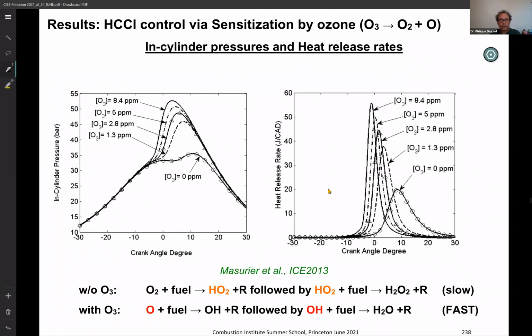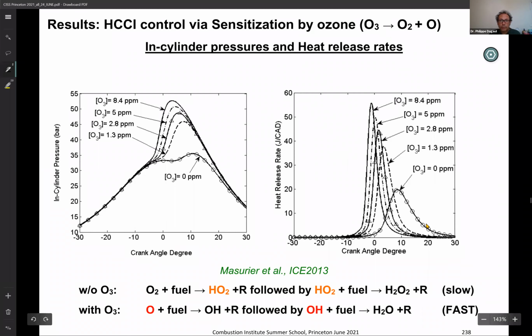If you look at the effect on in-cylinder pressure as a function of crank angle with different initial concentrations of ozone, and again, these are very, very small concentrations, we have no ozone added here, and then we start to put 1.3 ppm, and we get nice ignition with 2.8, 5 ppm, 8.5 ppm.